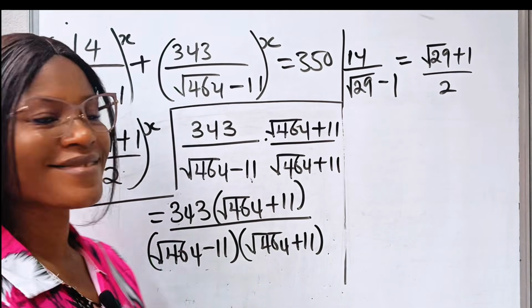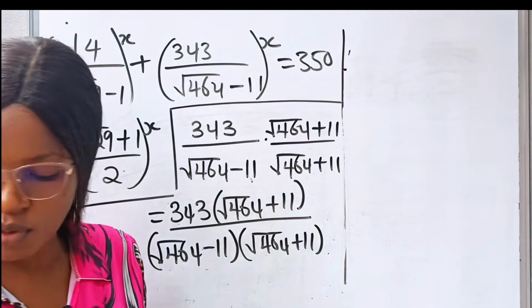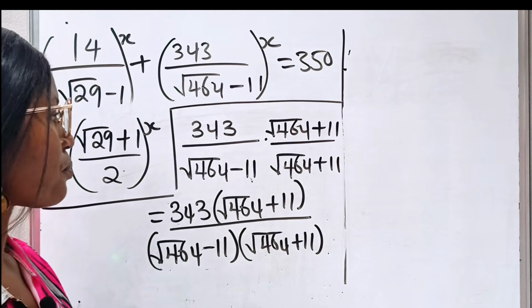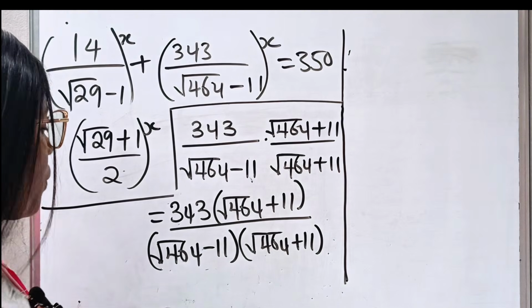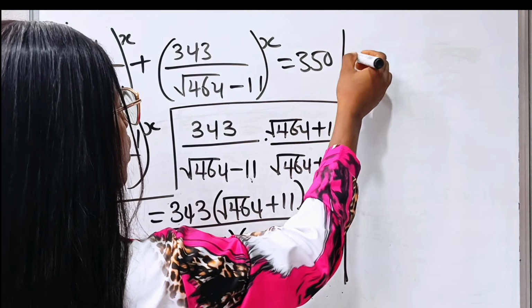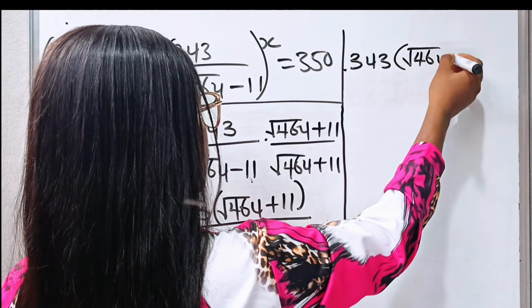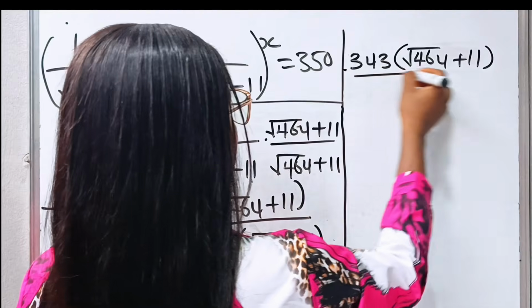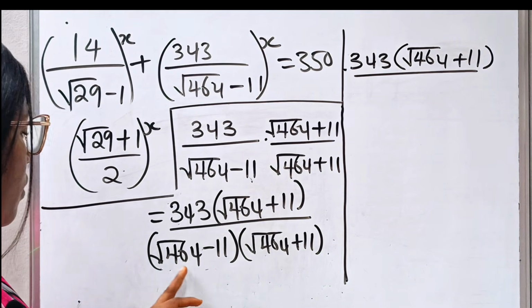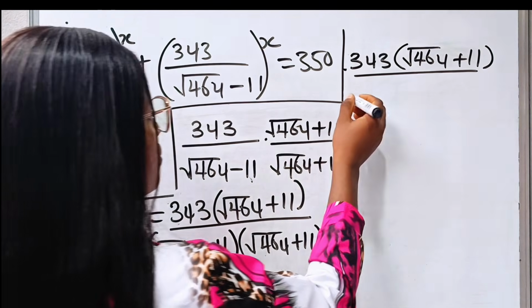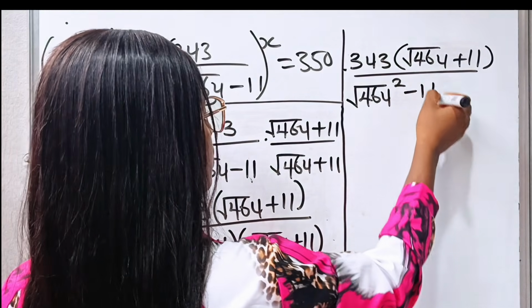So moving forward, we will have 343 bracket square root of 464 plus 11 divided by, now applying difference of two squares here as well, we are going to have root 464 squared minus 11 squared.